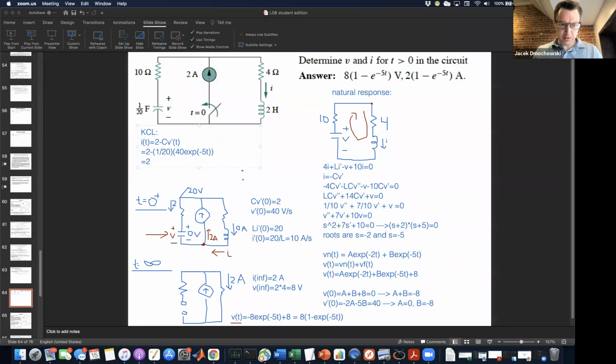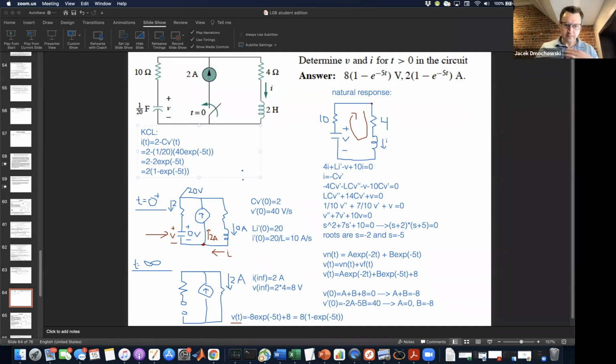This is going to be equal to 2 minus 2 exponential negative 5t, which is equal to 2 times (1 minus exponential negative 5t). Voila. Piece of cake, right? Piece of work was a Freudian slip there.